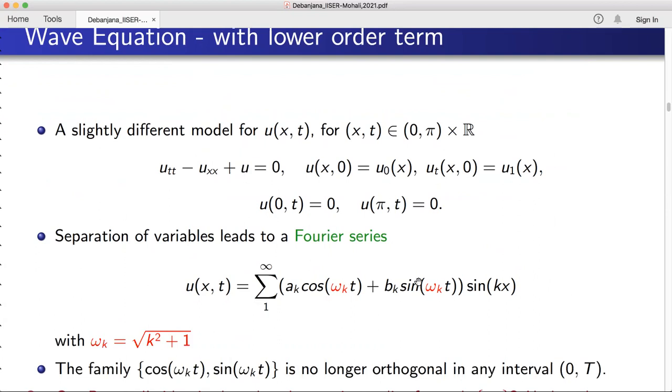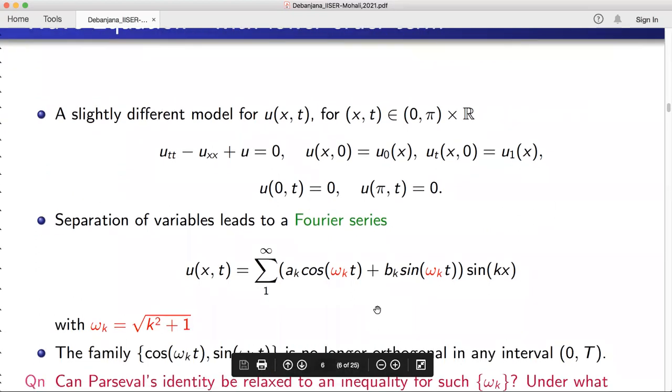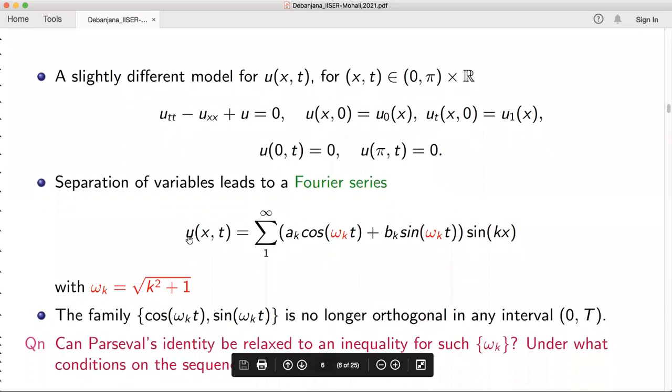Again in a similar way, you will get the expression of the solution u in terms of cos(omega_k t) and sin(omega_k t), and for x you will get sin kx, so that is fine. But the problem is that now omega_k is not like k, so it's not harmonic now. What do you get here? Omega_k is of the form square root of k squared plus 1.